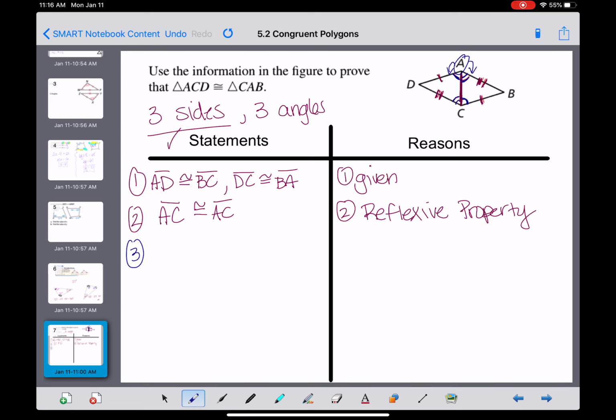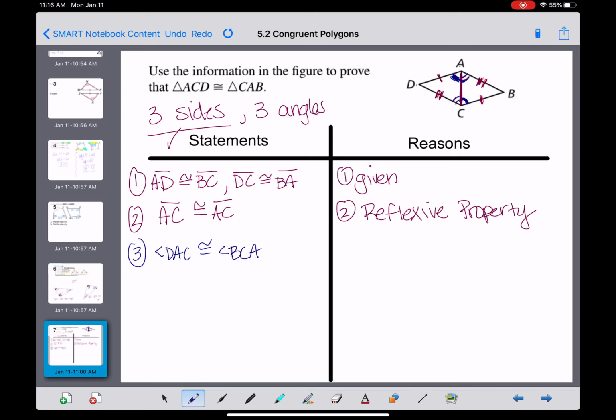So I have to use 3 points to show the separate angles. So I'm going to take care of my first tick mark right here. So that's angle DAC is congruent to this bottom 1 arc mark, BCA.